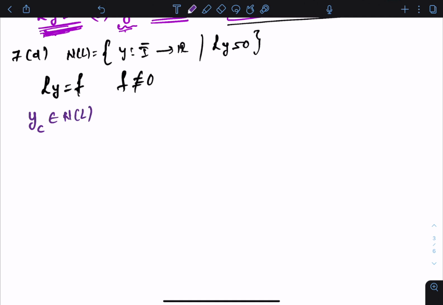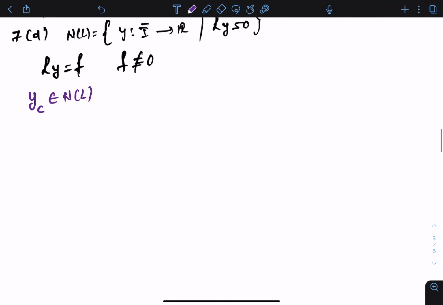So any element of NL, let's say yc, means that L of yc is 0. I am using the notation yc because this is what is called the complementary function, which we will explain later. So yc is just some element of the null space of L, which basically means it's a solution to the homogeneous problem, right?